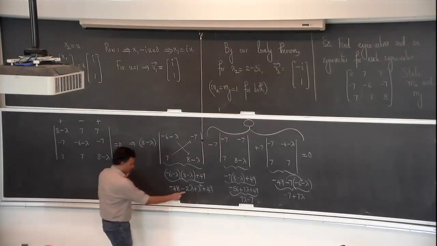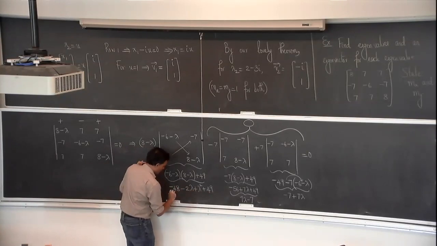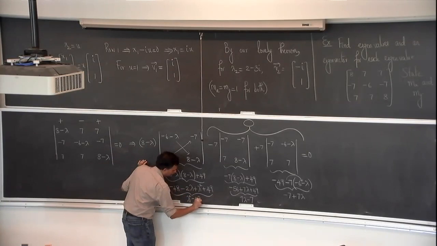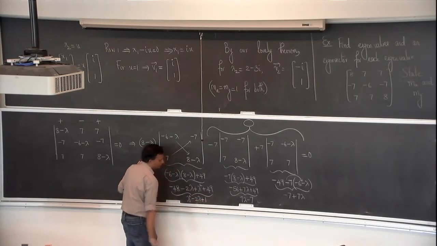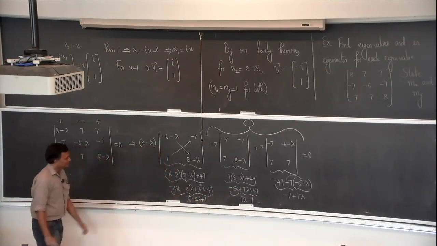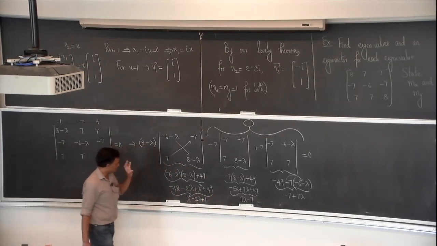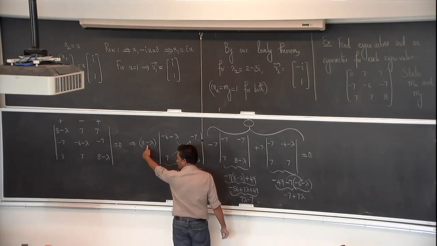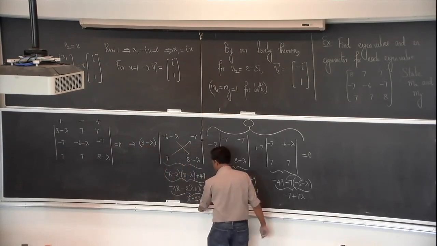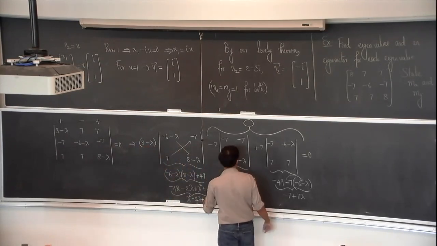And that becomes lambda square minus 2 lambda plus 1. Since the other two terms are not there, we only need to look at the first term, which is 8 minus lambda. Don't forget this. 8 minus lambda times lambda square minus 2 lambda plus 1.